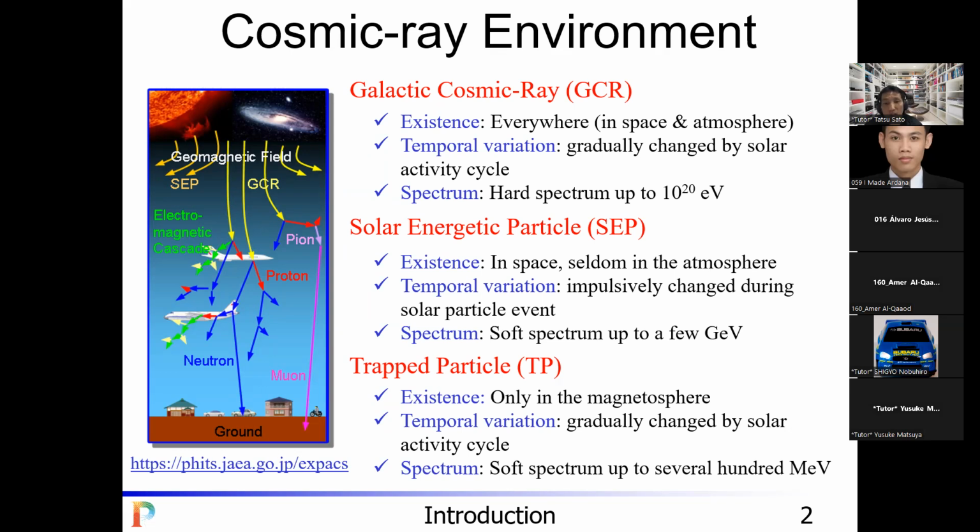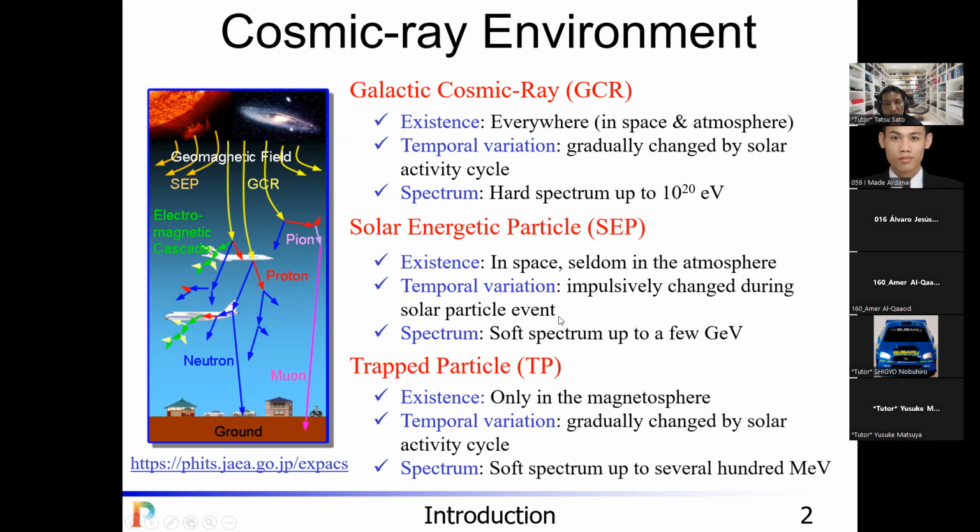On the other hand, solar energetic particles exist in space and seldom in the atmosphere, because their energy is not so high compared to galactic cosmic rays. Most of them are bent by the magnetosphere, the geomagnetic field of the Earth. Their temporal variation changes very impulsively during a solar particle event.